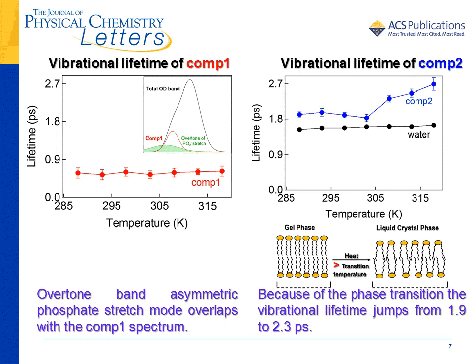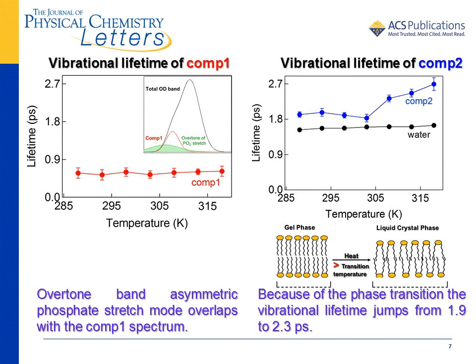The vibrational lifetime of component 2, tau2, is constant below the phase transition temperature, but it suddenly increases at 307 Kelvin. Above this temperature, tau2 gradually increases with increasing temperature. Below the phase transition temperature, because of tight packing of the head part of the lipid in the gel phase, mainly bulk-like water around the choline contributes to component 2, and the vibrational lifetime is indeed close to that of bulk water.